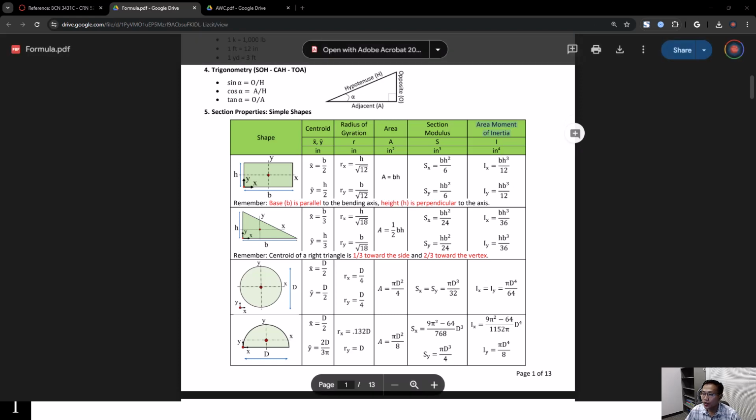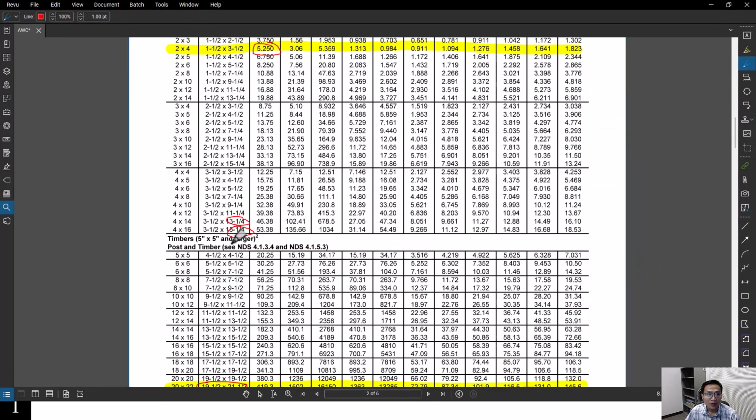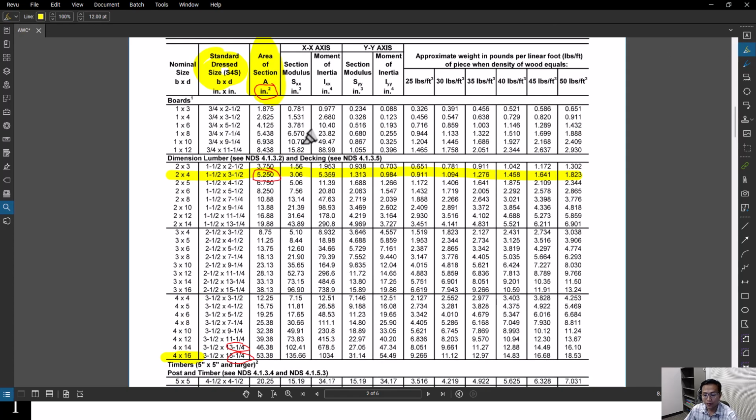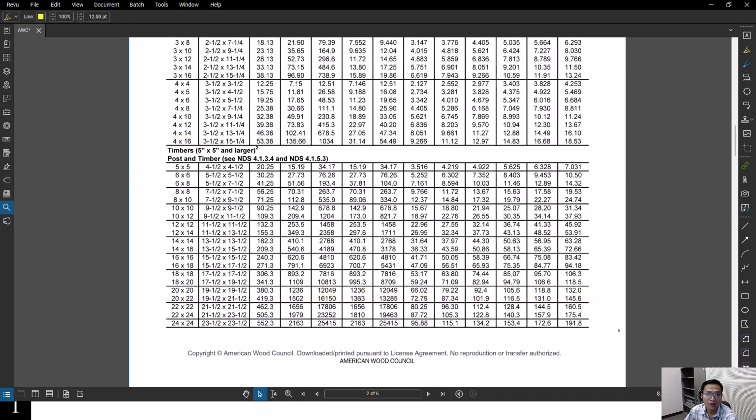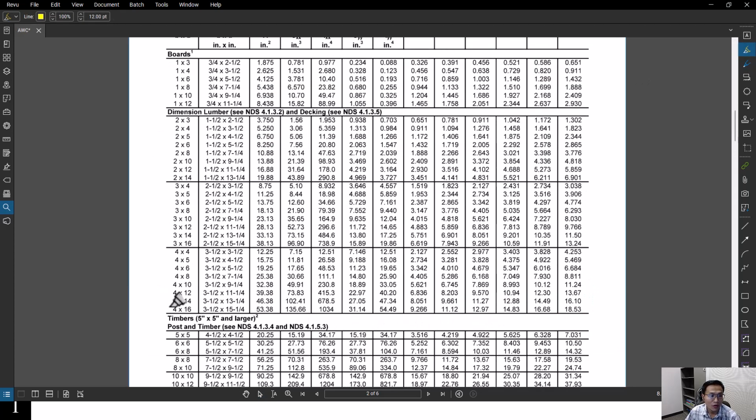And the one we need to check for is 4x16. So now let's go back here. We need to check for 4x16. Let me clean up this one a little bit. So we have 4x16 right here.